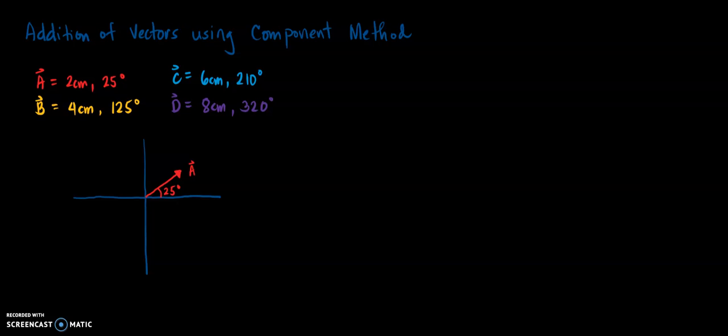Then vector B, 125 degrees, is located in the second quadrant. The angle is from the positive x-axis up to here.